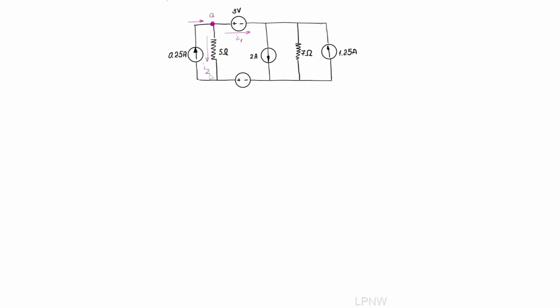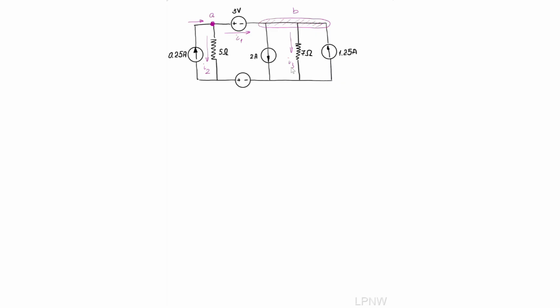Now, current I1 carries on ahead, and on the way of I1 there are 3 branches, which I would combine all at the top together and call node B. To that node B, I have a current of 2 amps going out, 1.25 amps going in, and I will drop down current I3, which is going to be the current through the 7 ohm resistor.